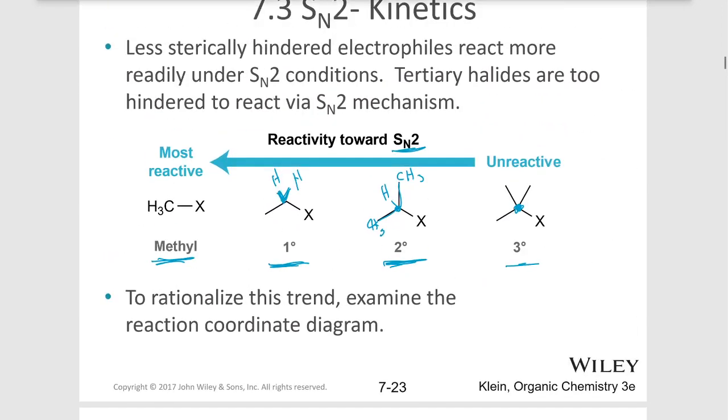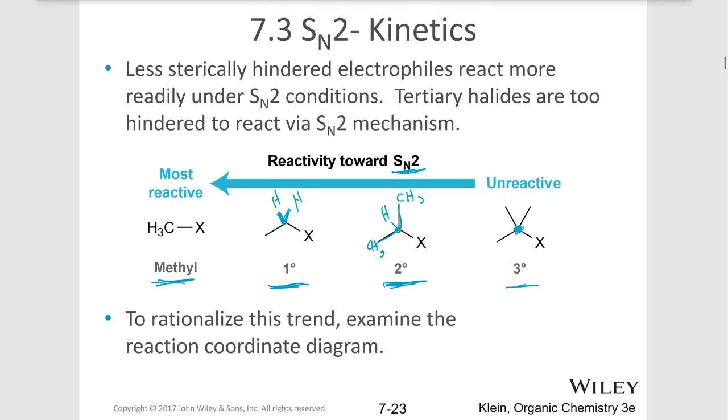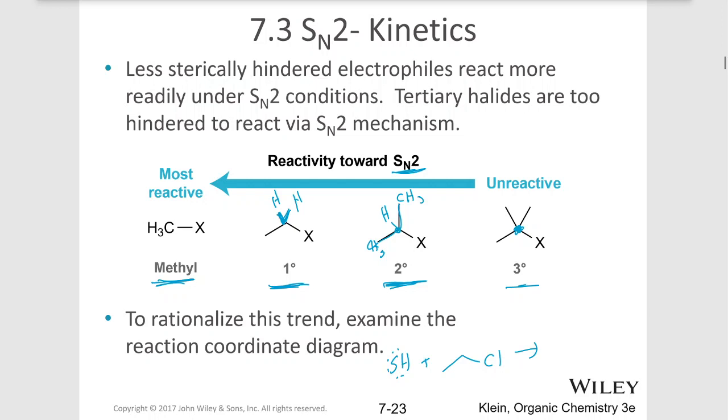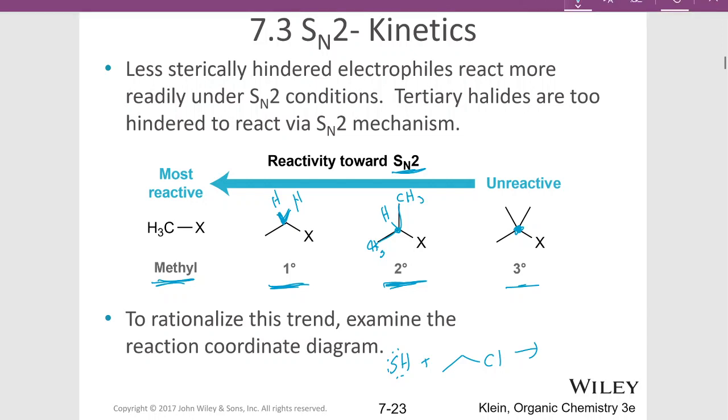So why don't we go back up and look at this reaction again. Let's say that we have sodium hydrosulfide plus chloroethane. What's that going to give us? This SH minus. Let me erase the sodium here for clarity, but just remember that sodium is there as a counter ion.